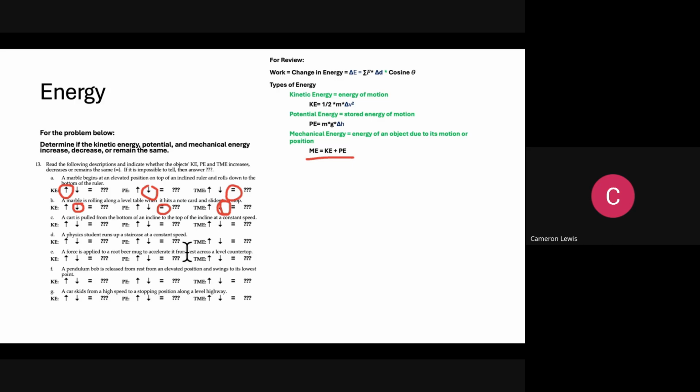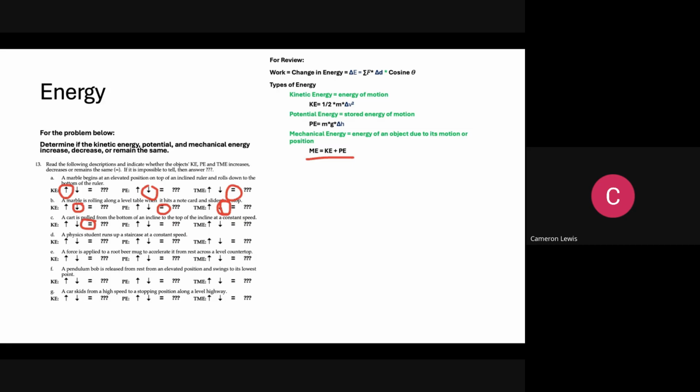Now, with its speed at a constant, constant speed, is it increasing or decreasing? So it's the same. So kinetic energy is the same only because the speed is constant. It's not changing. There's no change in velocity.